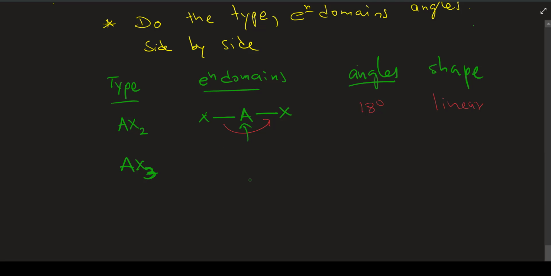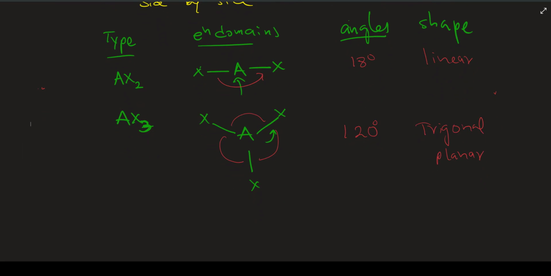Now AX3, you jack up another X into the AX2 and you get the AX3, right? Now these are equally separated around a circle, that would be 120 degrees, and then this has to be trigonal planar, in a single plane, right? So that's how you build your cheat sheet, right?